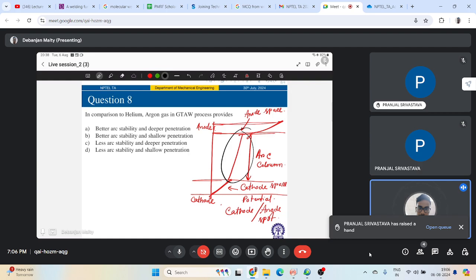So in the cathode or anode space the voltage drop is sharp, which is not the case for the arc column region. Till now, any question?